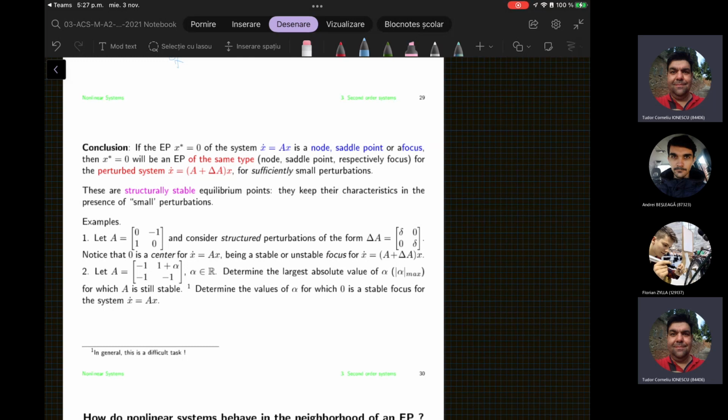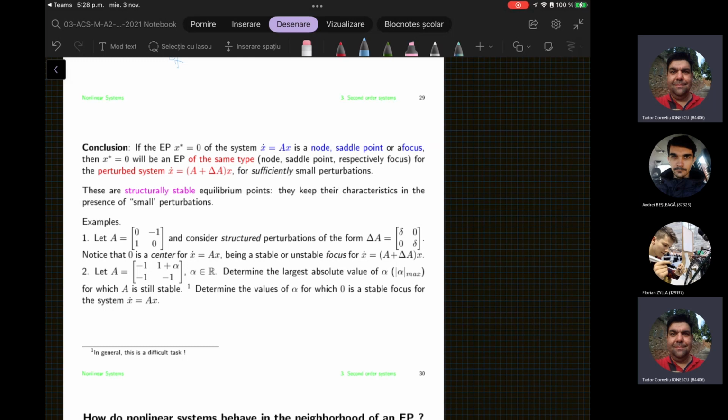These are called structurally stable. So the structure is stable, yeah? Structurally stable equilibrium points because they keep their shape and their properties even when subject to small perturbations or small disturbances. Okay, and we have two examples.